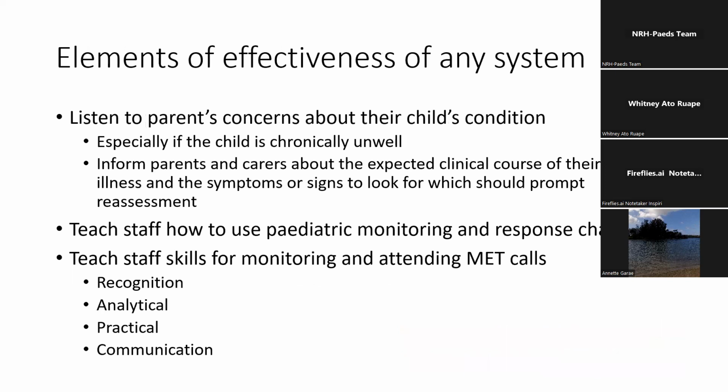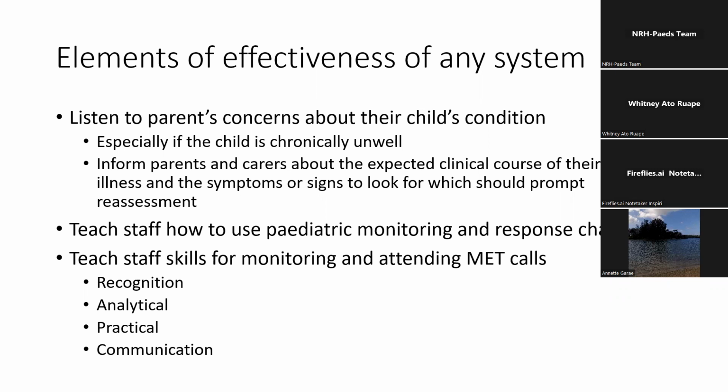So there are some elements to make it effective. If you want to have a good system, then you have to have these elements. Firstly, you have to listen to parents' concerns about their child's condition. And this is especially true if the child is chronically unwell. We see a lot of children who have a chronic illness, and even at their baseline, they're not always normal.